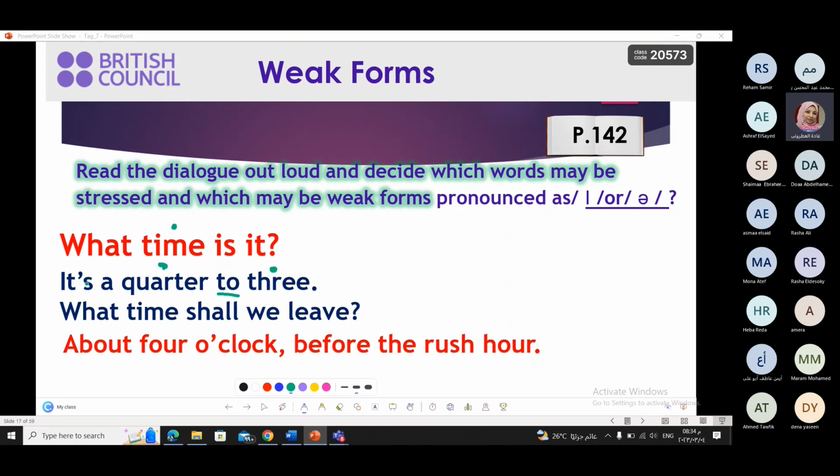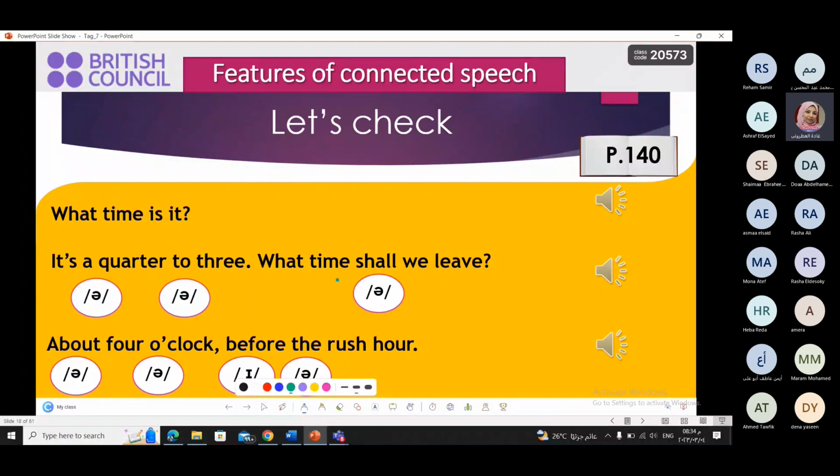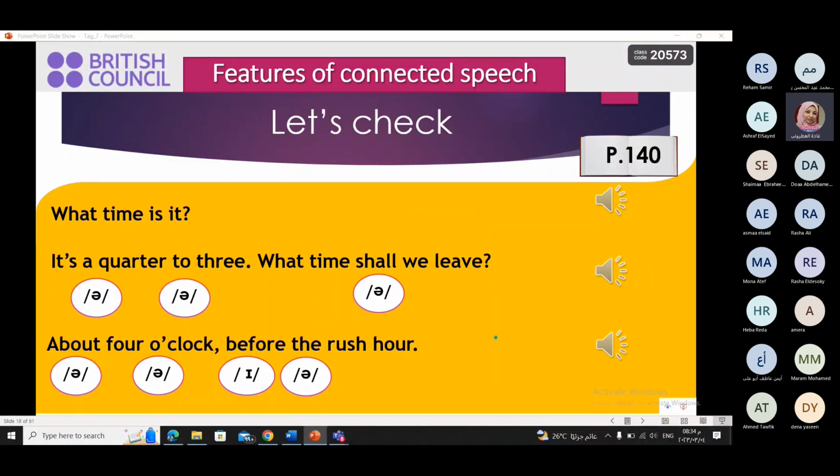What about the other words? They have weak forms. So instead of saying it's a, we say it's a quarter to three, and instead of saying two three, we say two three. So this is the answer here in your book.